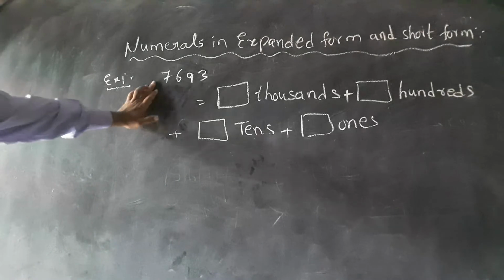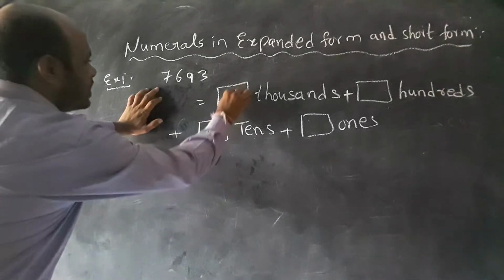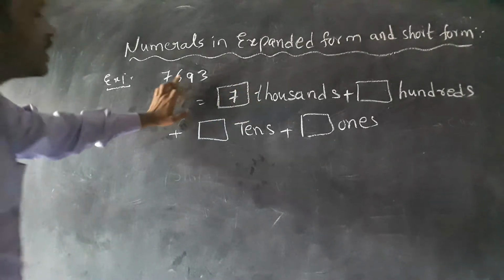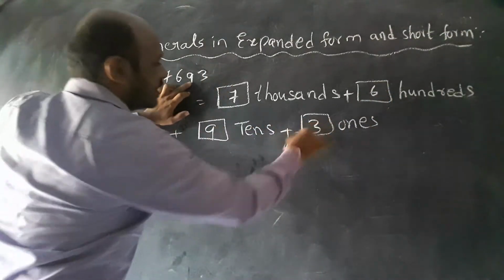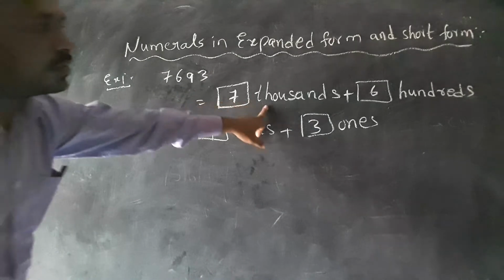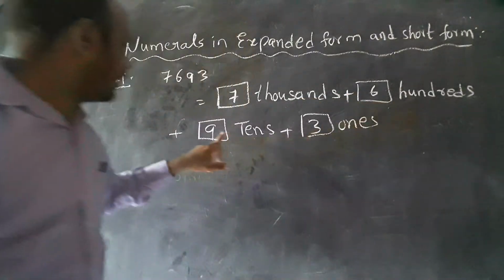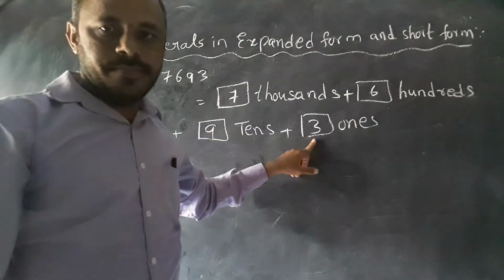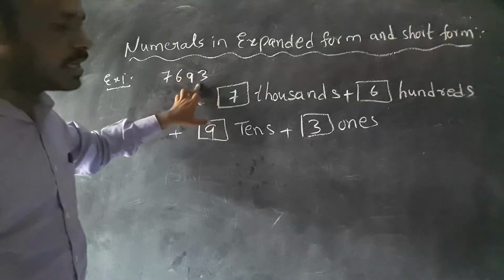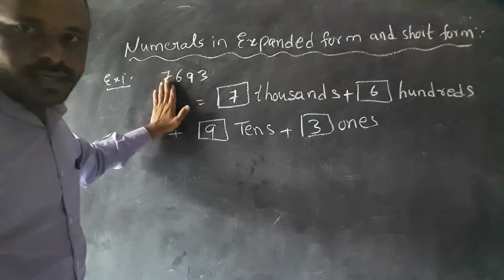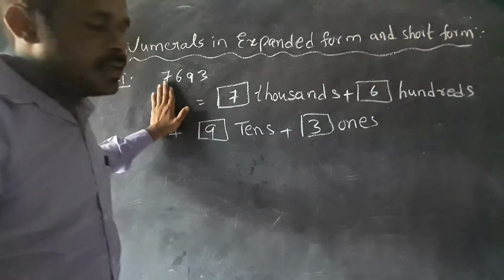In the first, thousands place, which one is there? 7. 7 goes to the thousands place. The next one, hundreds, is 6. Then 9 is tens. 3 is the ones place. Okay. This is the expanded form according to the given number and the place values. Okay, we arranged in place values.